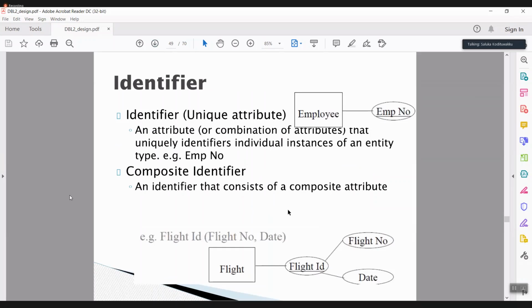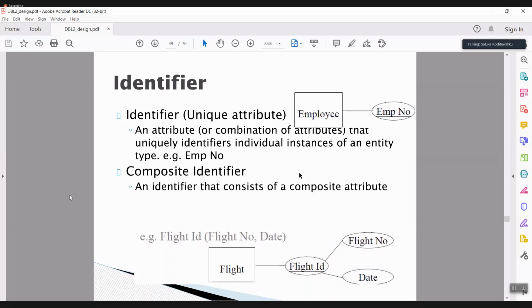And then the identifier attribute, that is what we call a unique attribute. If there is a unique attribute for a particular entity, those unique attributes are indicated with an underline, in other words, just putting an underline in the label of that particular oval.